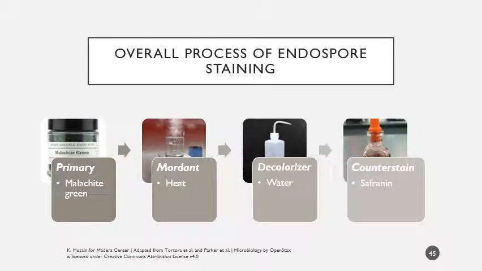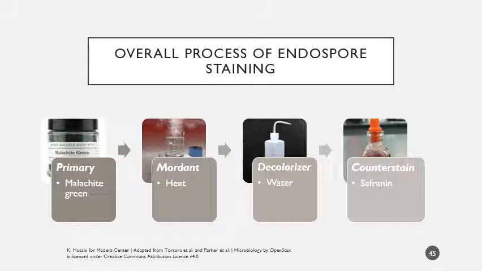So the overall process here is apply that malachite green while also applying heat. Oftentimes this is done either with a hot plate with a beaker on it or a Bunsen burner with a beaker suspended over it. You kind of put a metal rod or a couple metal rods across the beaker to have a support structure for your slide.